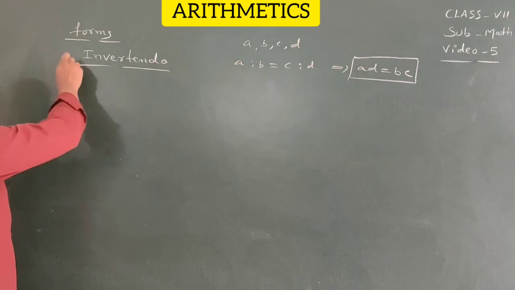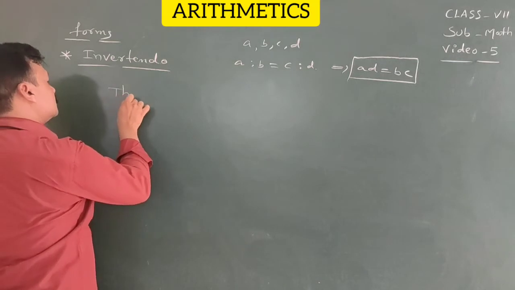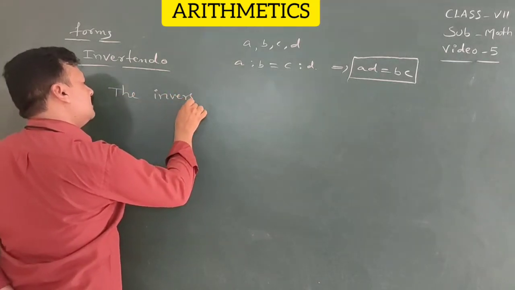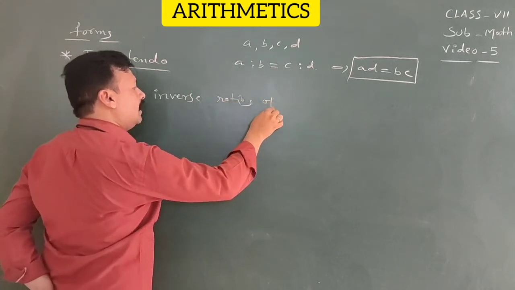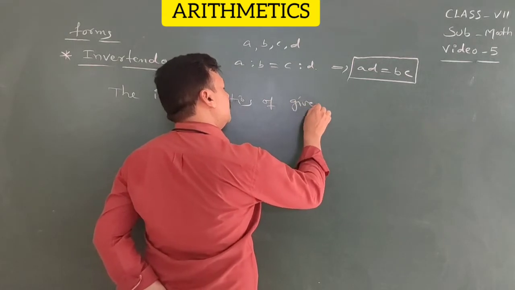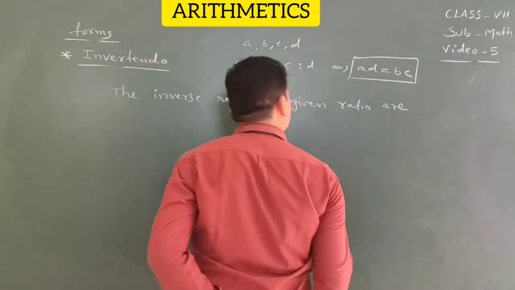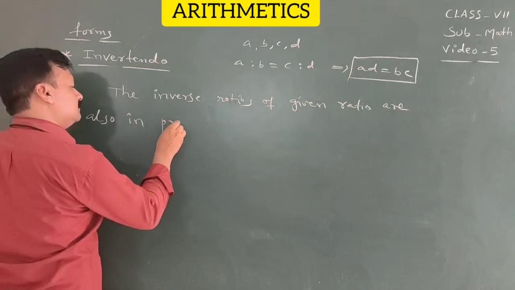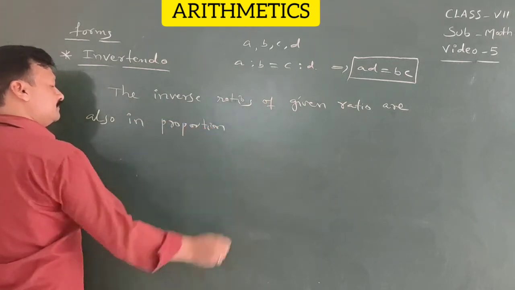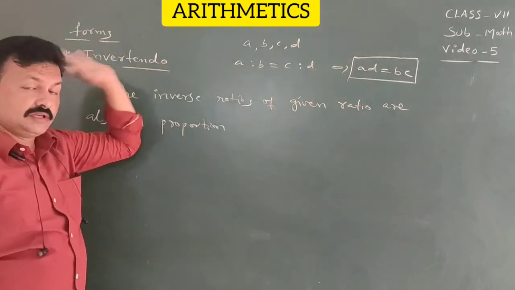First one, inverted. The inverse ratios of given ratios are also in proportion if and only if the given ratios are in proportion.